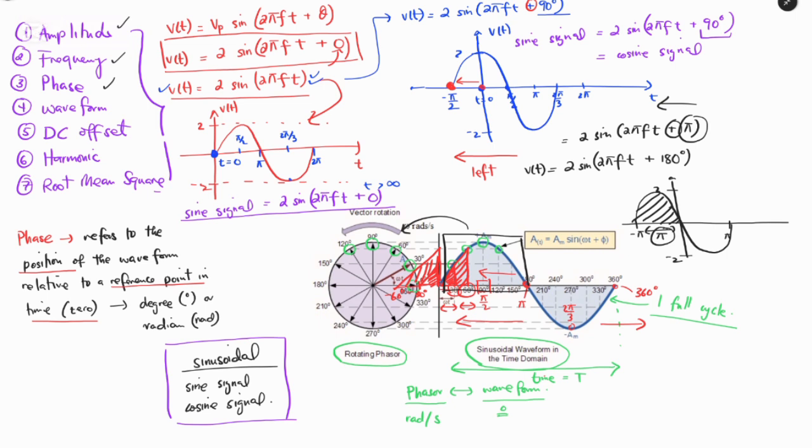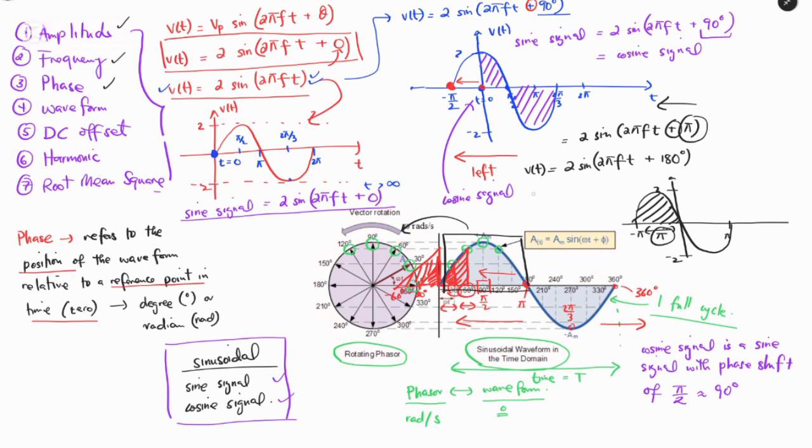So we can define that a cosine signal is a sine signal with a phase shift of pi on 2, which is equivalent to 90 degrees. So a cosine signal is a sine signal with a phase shift of 90 degrees. So this signal now, we can simply say it is a cosine signal.